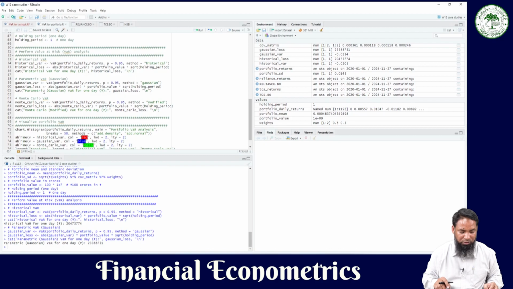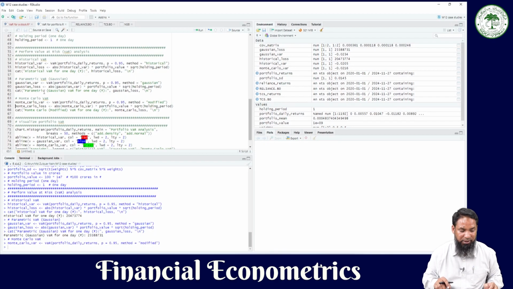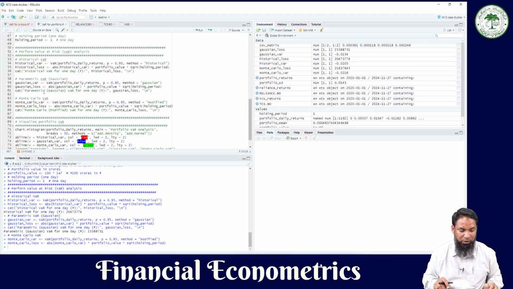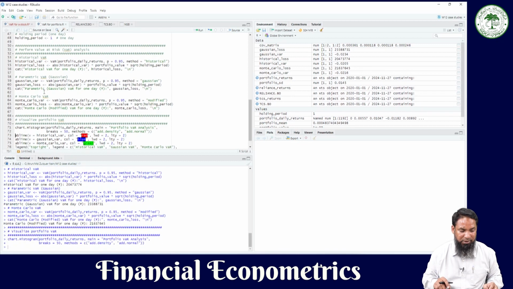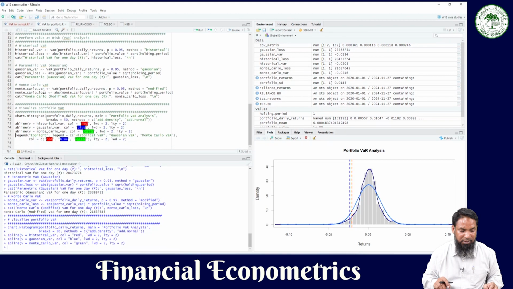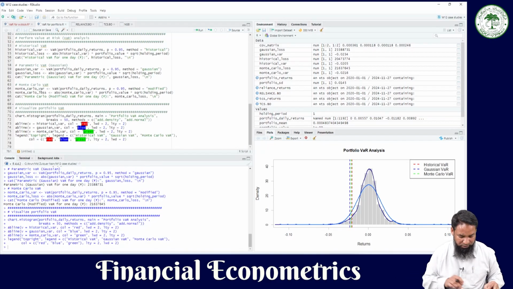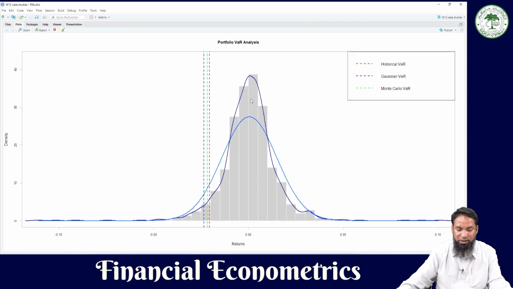Then the loss is 2 crore 33 lakhs, and we are also going to use the Monte Carlo. Now let us see here. We can observe clearly that the lowest value is the historical, then the Monte Carlo method, and the parametric is giving the maximum.